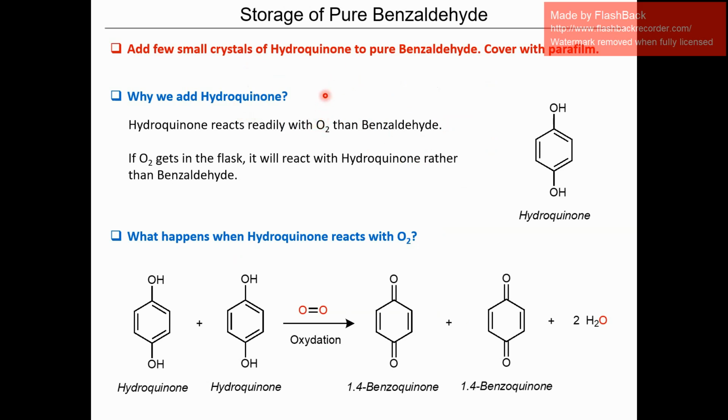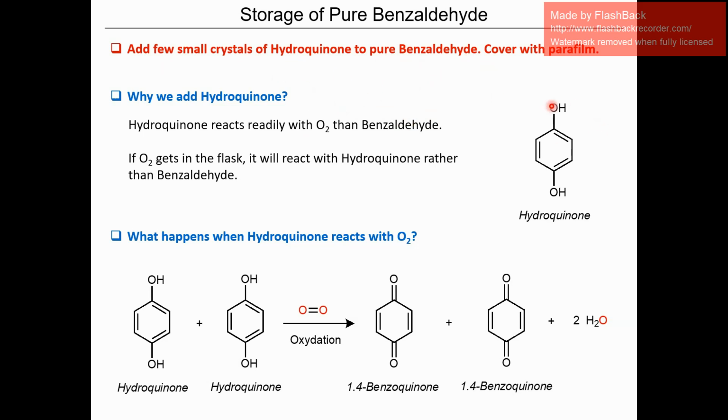But there is an issue. If you are going to store this benzaldehyde to use it next week, then the benzaldehyde is going to be exposed to the air again, and it's going to get oxidized to the carboxylic acid again, and so we kind of did this experiment for nothing. So to avoid that, we are going to use some crystals of hydroquinone, and we're going to add it to the benzaldehyde.